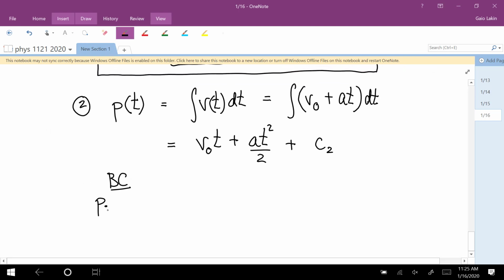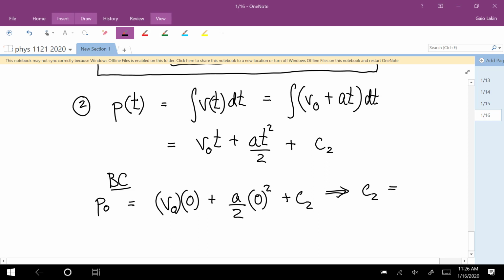So we have p0 is equal to v0 times 0 plus a over 2 times 0 squared plus c2. So c2 is equal to p0.